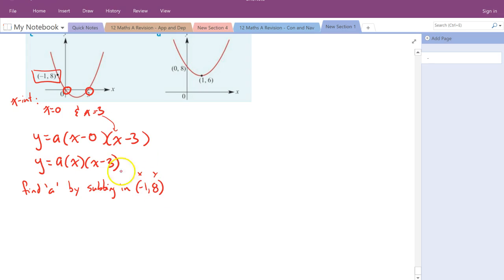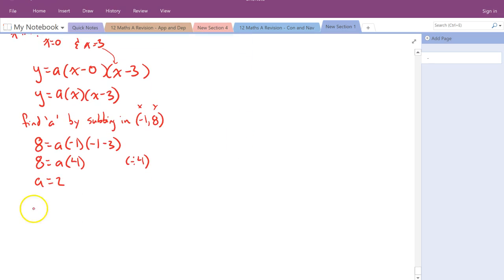So y becomes 8, so 8 equals a times negative 1 times (negative 1 minus 3). This bracket becomes negative 4, and negative 4 times negative 1 is positive 4. So I need to divide both sides by 4, so a equals 2. The equation for this one is y equals 2x times (x minus 3).